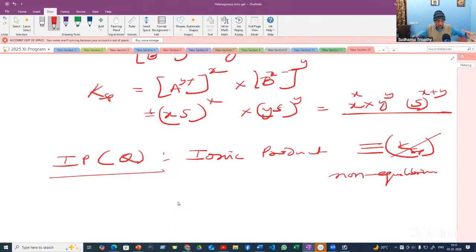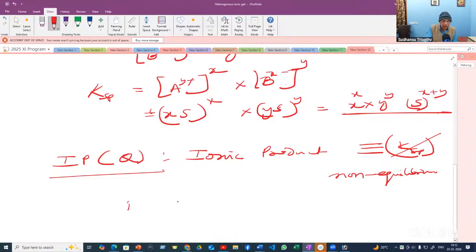That means you have just added two solutions, and you are looking for whether precipitation will happen or not. If not, then definitely it will either form an unsaturated solution, still hungry to accommodate more ions, or it is just a saturated solution.